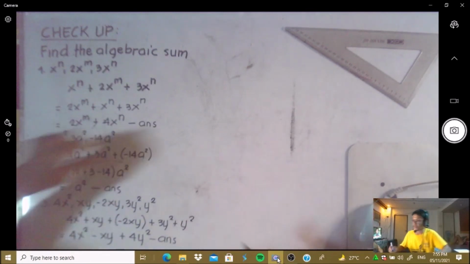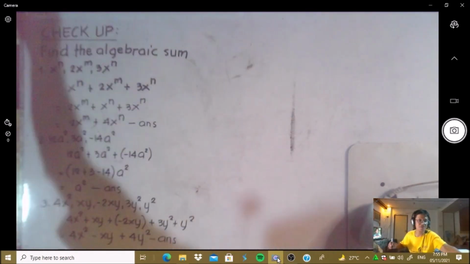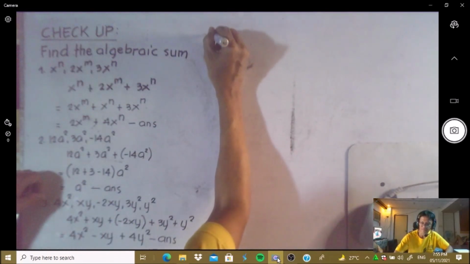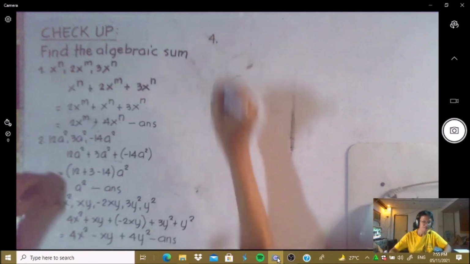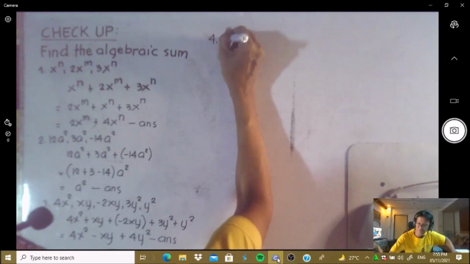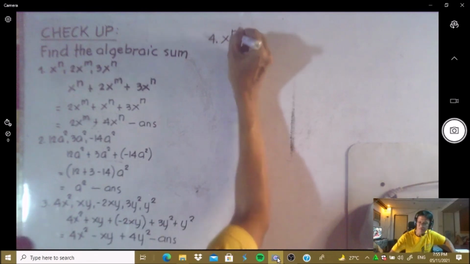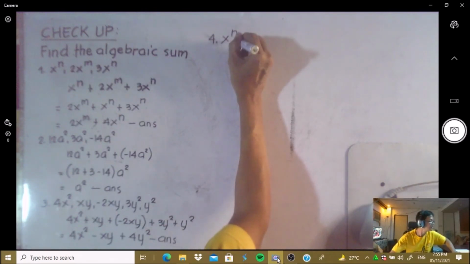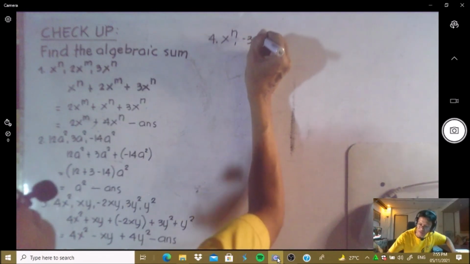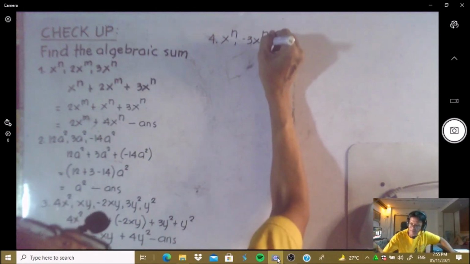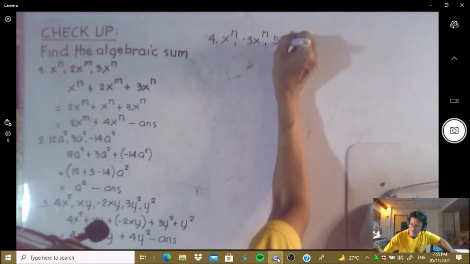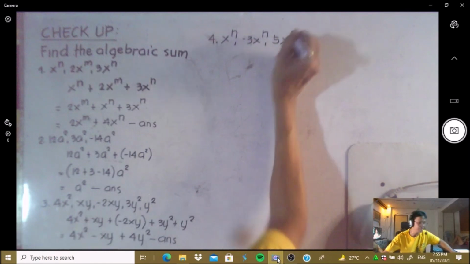For number 4, okay, let's proceed to number 4. Okay, for number 4, we have x raised to n, then negative 3x raised to n, next 5x raised to n.